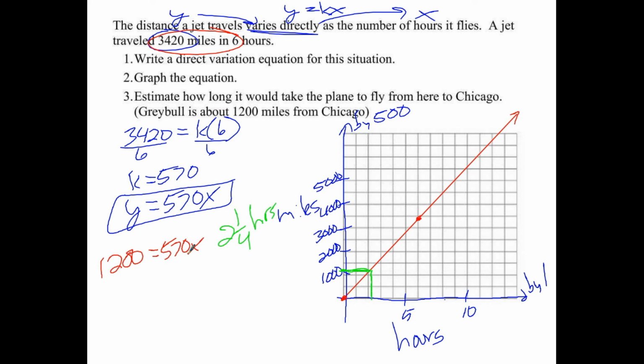Now solve for x. What do we do? Yeah, we have to divide both sides by 570. Well, we're going to get 2 point something.